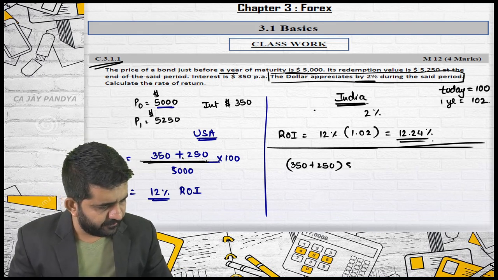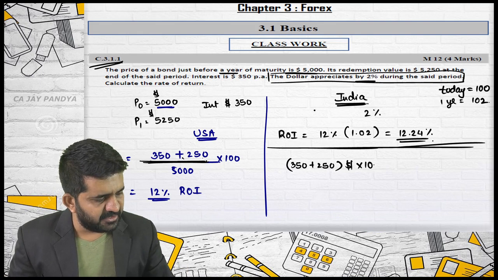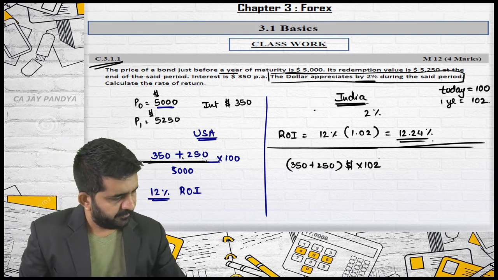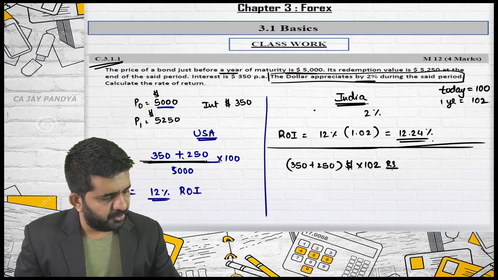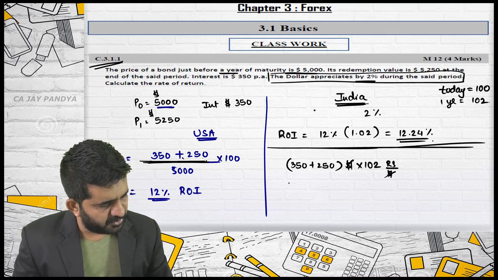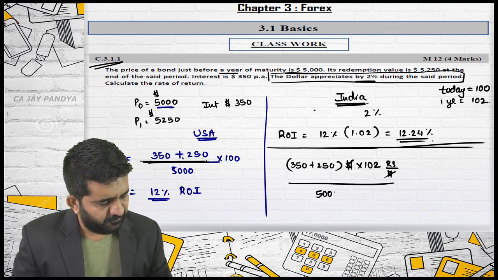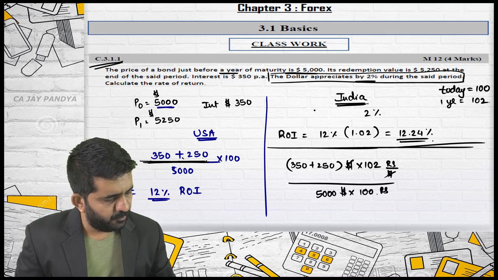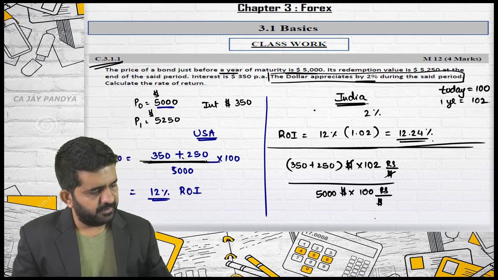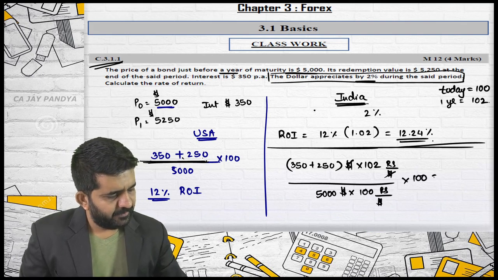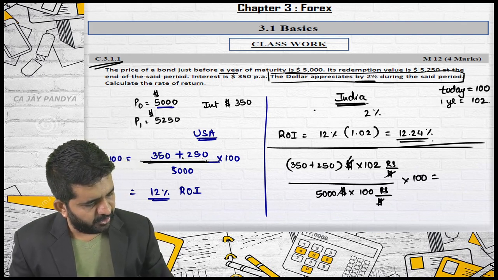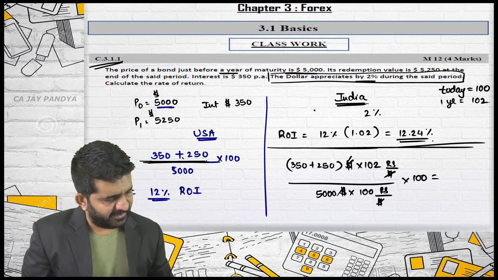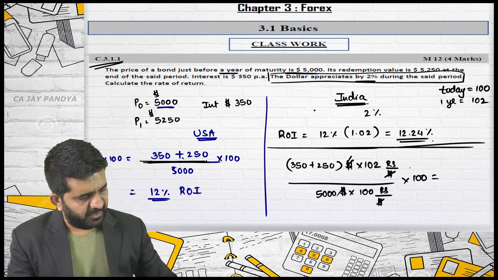This is dollar. I can multiply this by 102. This is rupees per dollar. My answer will be in rupees. What I have invested? $5,000 into 100 rupees per dollar. Dollar will get cancelled. Let me find out the answer.